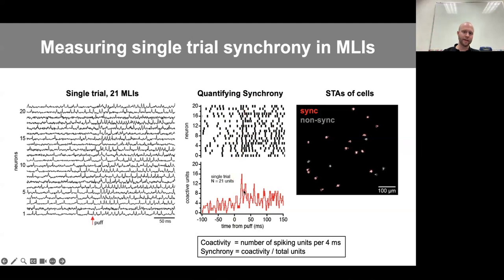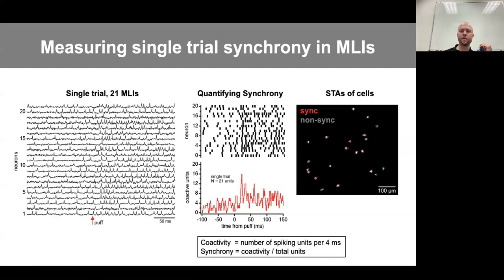And we can quantify that synchronization using a very simple coactivity metric, which simply counts the number of spiking units in a 4 millisecond window. So when we do that, we find that for this particular trial, the MLIs have some basal level of coactivity, right? Because they're all firing spontaneously.